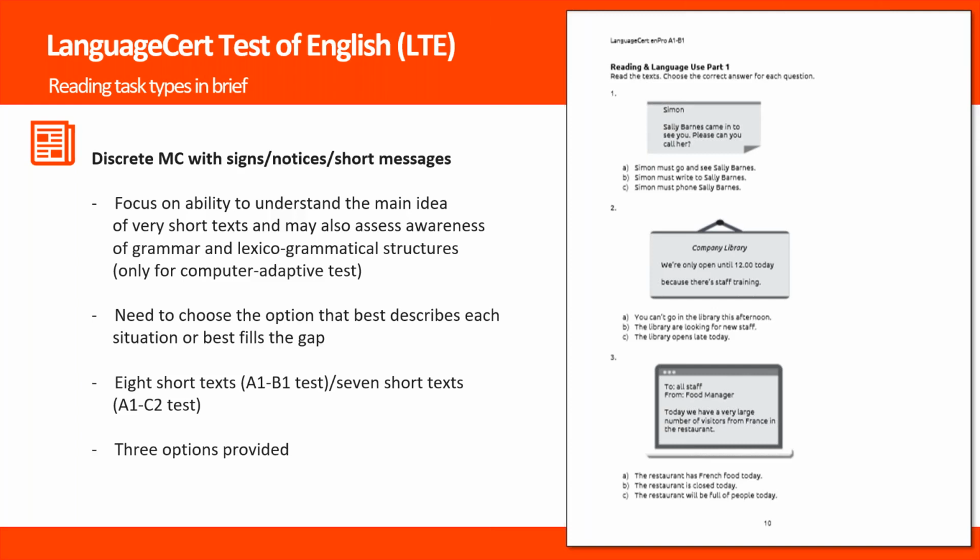Candidates need to choose the option that best describes each situation or best fills the gap. There are 8 short texts for candidates taking the A1-B1 test and 7 short texts for those taking the A1-C2 test. 3 options are provided each time.